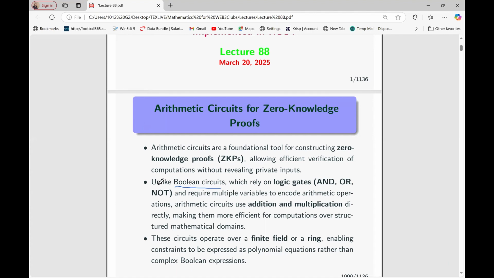For instance, the Boolean circuits would require the logic gates, which would use and, or, not. You understand the logic gates. And what happens this time is that if you're using the Boolean circuits, the inputs must first of all be converted to binary.